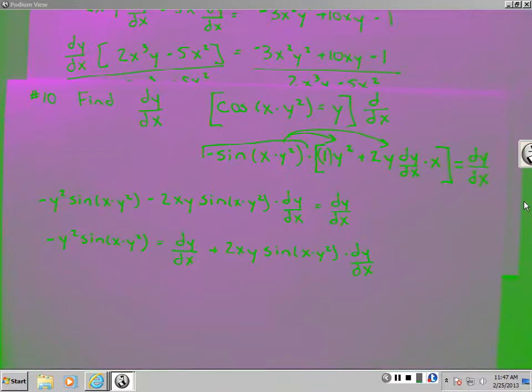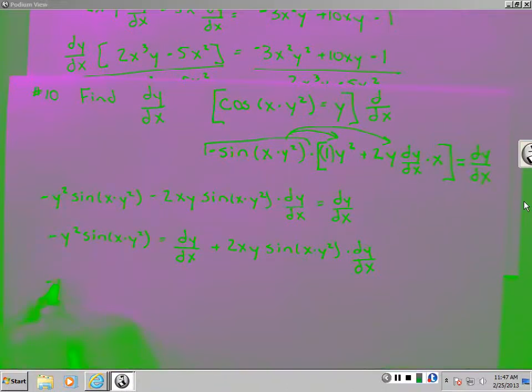So I'll go ahead and write out these steps. So if I have minus y squared sine of x times y squared divided by 1 plus 2xy sine of x times y squared equals dy dx.